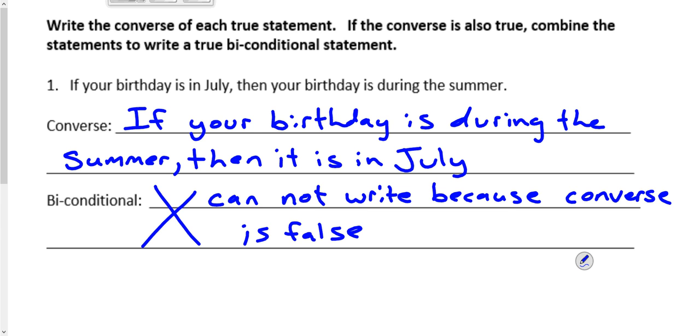We have to have both the converse and the conditional being true to be able to write that biconditional.